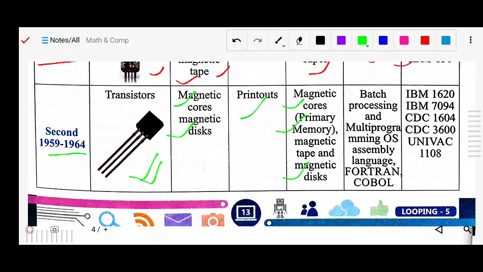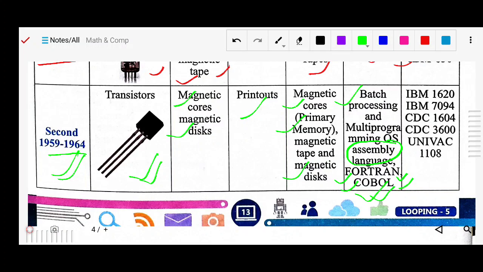Here you can say batch processing, multiprogramming OS, and the language is called assembly language. In the second generation, generally we call it assembly language. Fortran and COBOL are also some languages used in the second generation computer, very important: Fortran and COBOL.